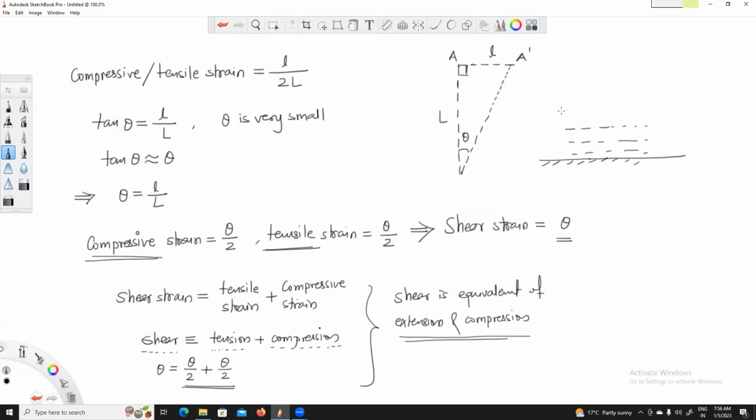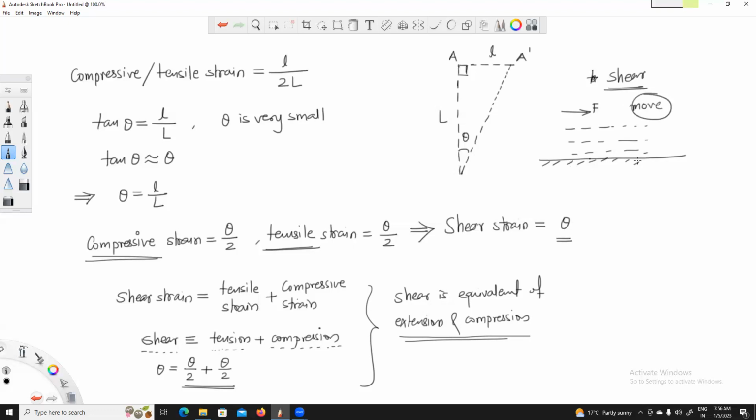And if you apply a tangential force over here on the top surface, when fluid, not necessarily liquid, it can be a gas as well, is subjected to tangential force, or let me call this a shear, it cannot sustain this shear stress and it will start to move.